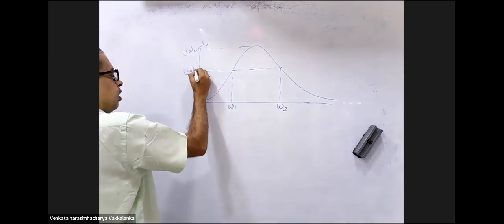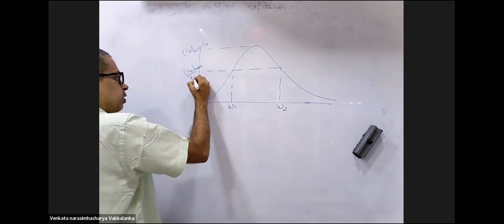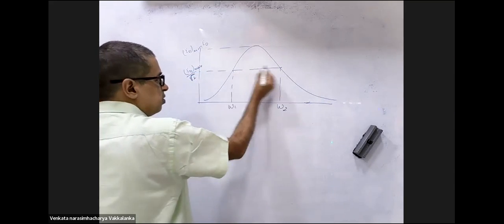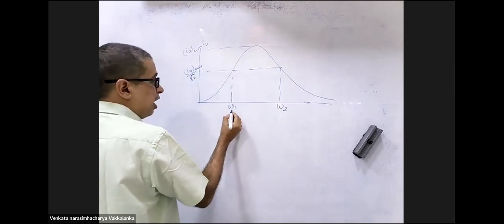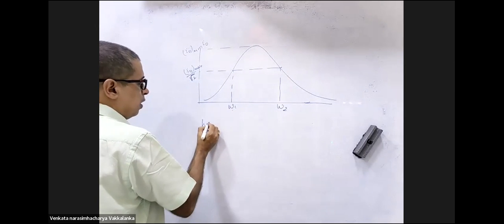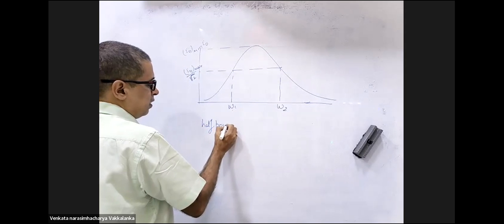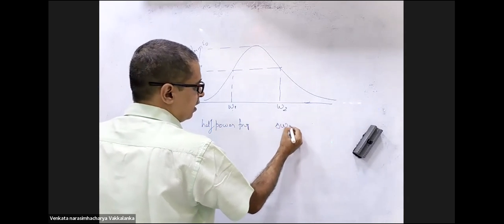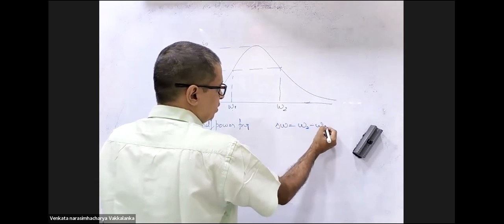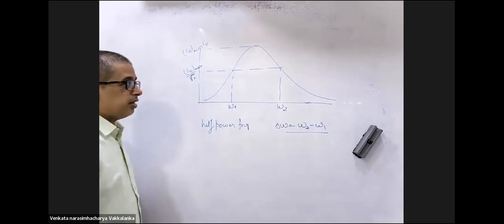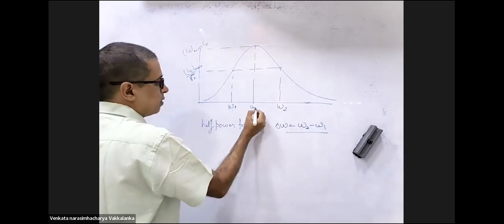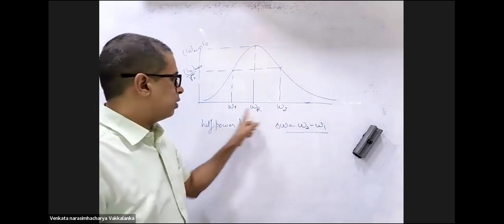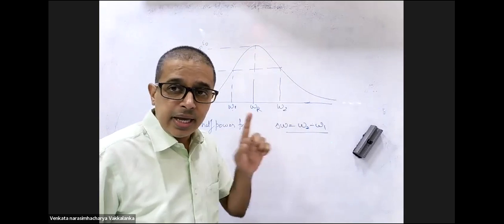This is I naught maximum by root 2; at I naught maximum by root 2, these will be the half power frequencies. So bandwidth delta omega is omega 2 minus omega 1. Right?